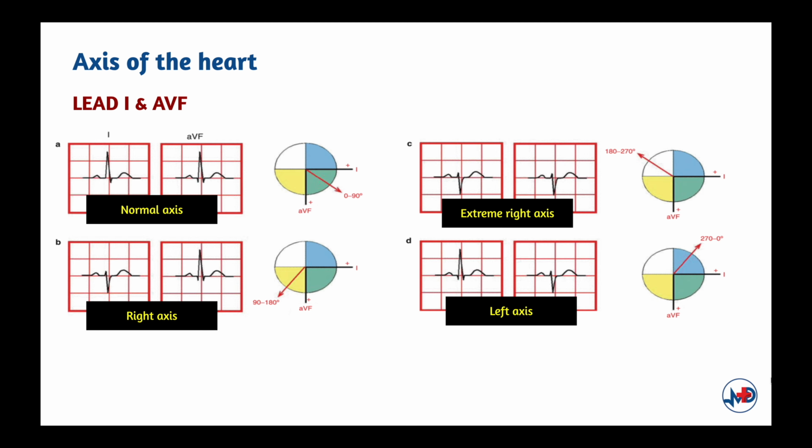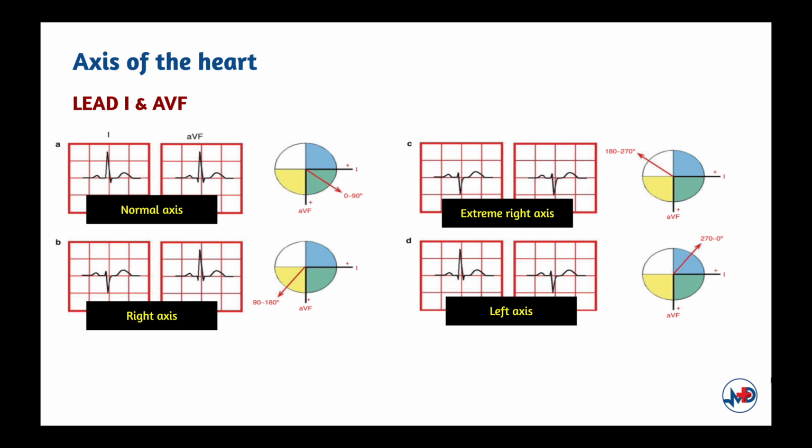cardiac surgery. Since the left ventricle makes up most of the heart muscle under normal circumstances, normal cardiac axis is directed downward and slightly to the left. So you can see here the normal axis is where the QRS is between minus 30 to positive 90 degrees. Abnormal axis deviation indicates underlying pathology.